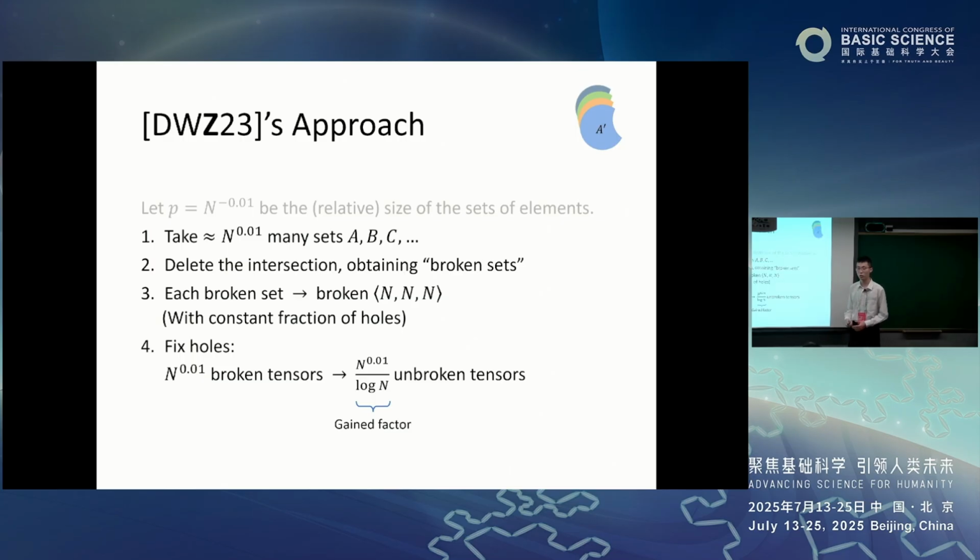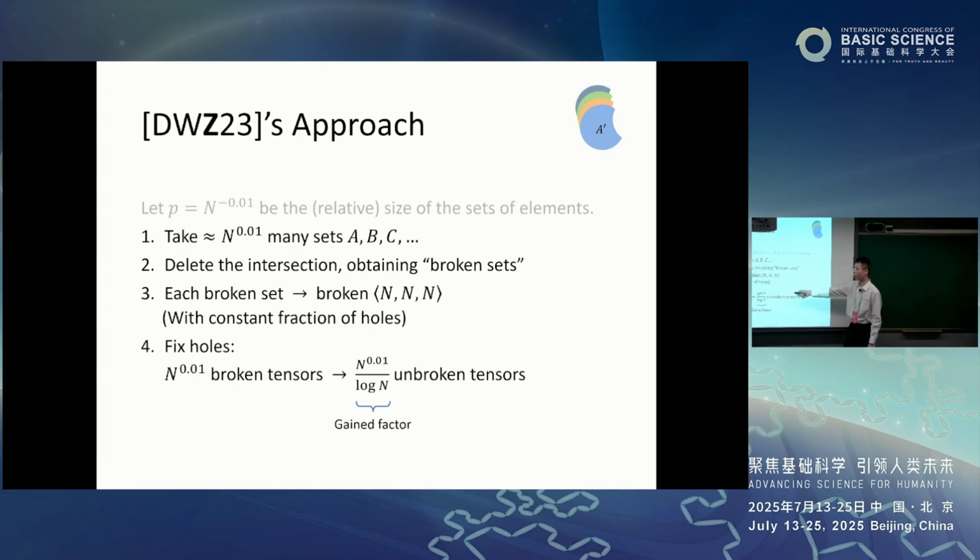Now, let's move on to introduce our new approach in the 23 paper. We start by taking n to the 0.1 many sets instead of only 2 sets. Then in the second step, we manually delete the intersection part between every pair of sets, which means that as long as an element appears in 2 of the sets, it gets removed. This will transform every set into a broken set, where a constant fraction of elements are missing.